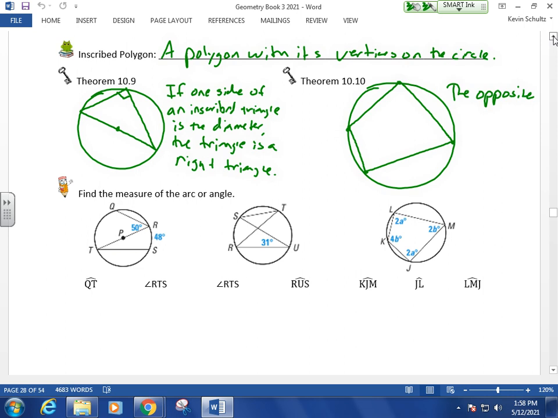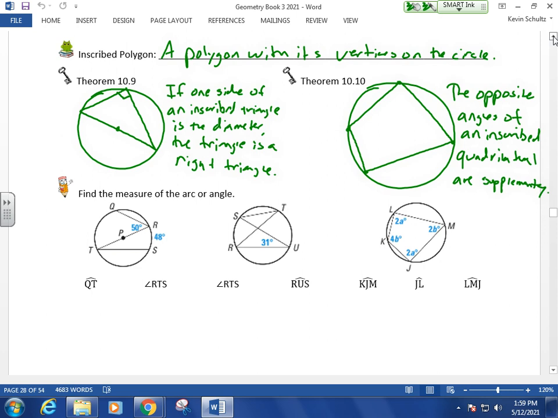Theorem 10.10 says the opposite angles of an inscribed quadrilateral are supplementary. The opposite angles of an inscribed quadrilateral are supplementary.